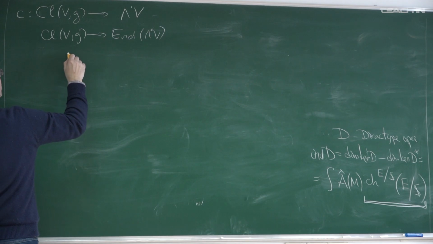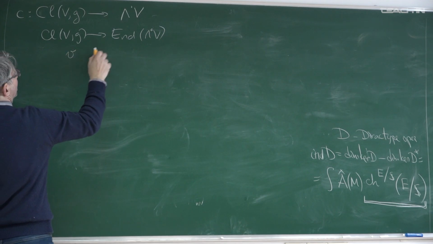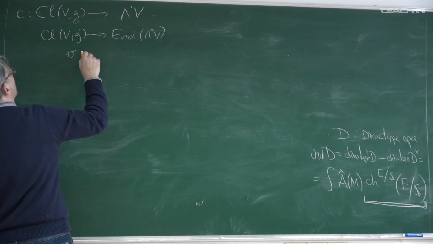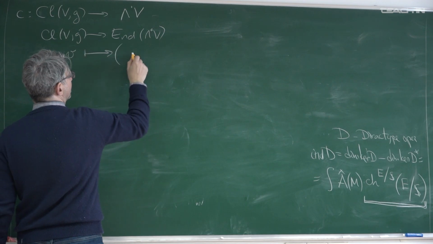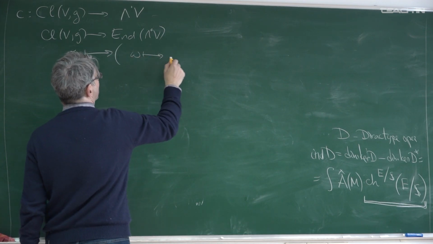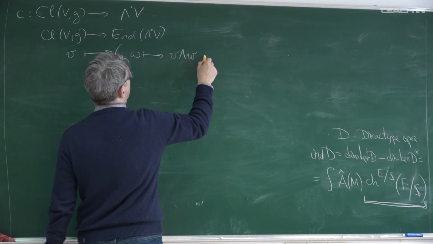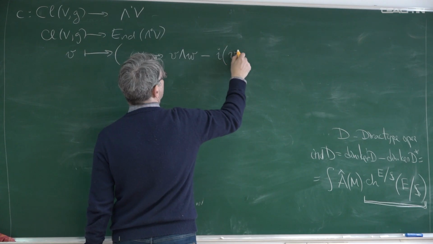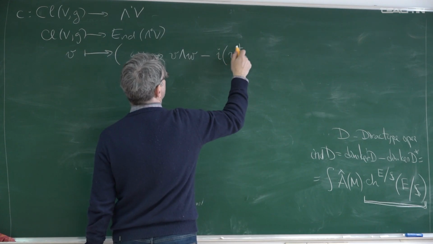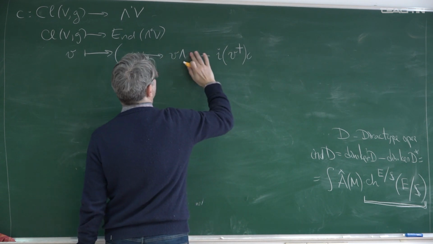If you take a vector, then the vector acts by the following formula: a differential form is sent to the exterior product with V minus the interior product with the Hermitian conjugate of V, substitution to, oh well, sorry, it's not W, it's omega.